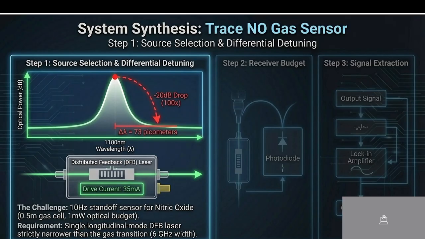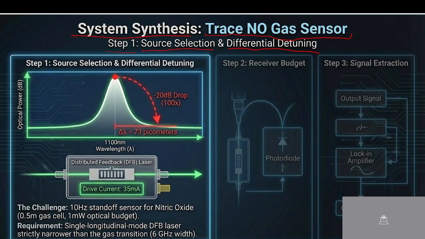Now what about the system synthesis? For that system synthesis, the trace NO gas sensor, step 1 is source selection and differential detuning.